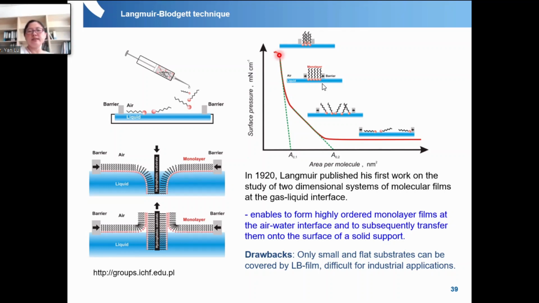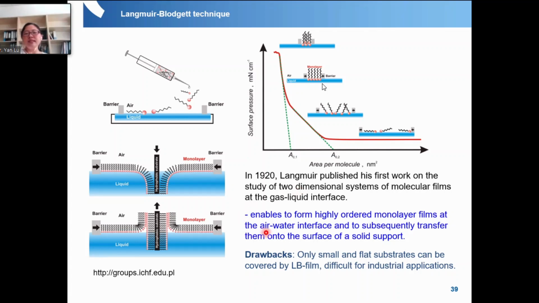Then, of course, you should have experience with it, you can use a substrate to go through the solution and pull this thin layer or monolayer from the liquid-air interface.